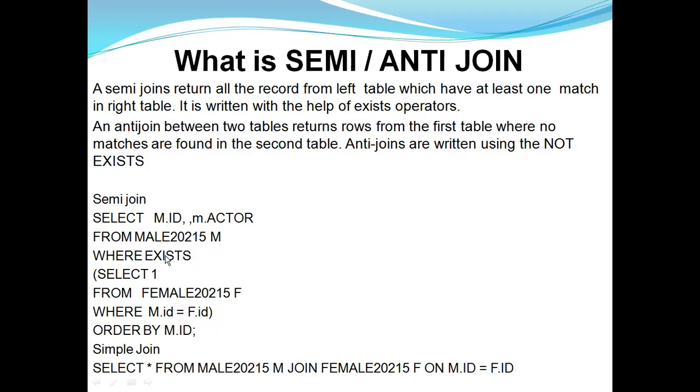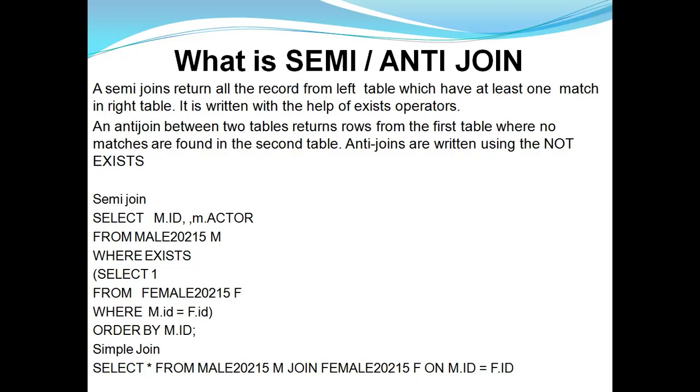Only those records that exist, that are matching from the left table, are returned. And anti-join is exactly the same, but instead of EXISTS, we use NOT EXISTS. So the query will be true if it is not existing. So which record will be selected?